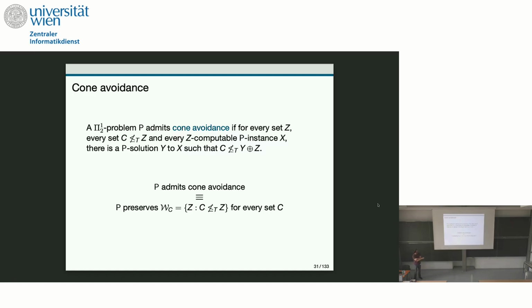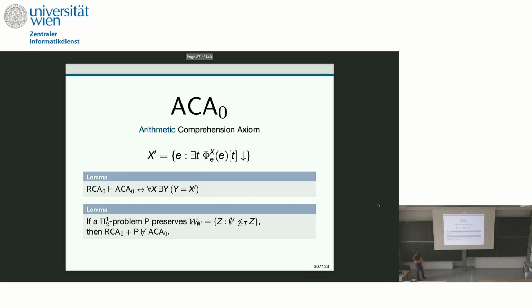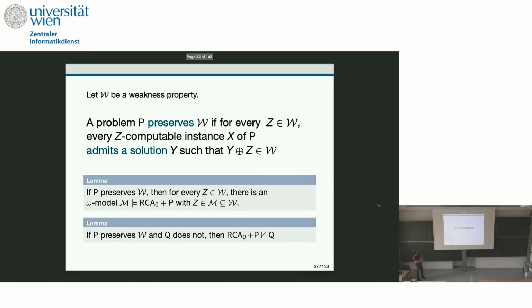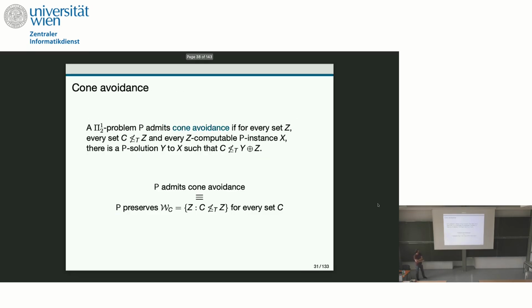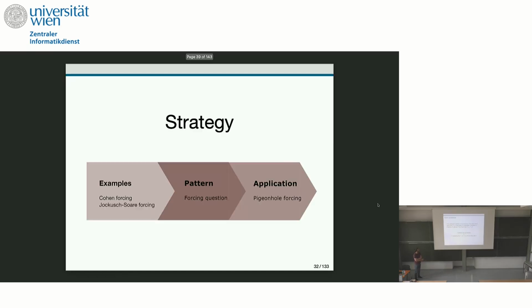And it can be formulated in terms of our previous preservation framework, saying that you admit cone avoidance if and only if you preserve WC, so the set of Z which do not compute C, for every set C. Of course, if C is computable, then this collection is empty, and this is vacuously true because it's a universal quantifier. So it's stupid. But the interesting cases are when C is not computable, then this class is non-empty.